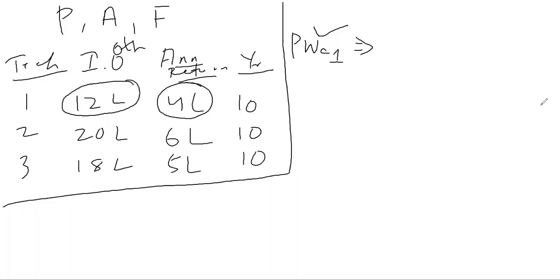If you are using present worth criteria, you have to convert it to P. Which formula will you use from 1 to 7? Which formula will you use to convert your annual to present? Fifth formula. Your fifth formula.